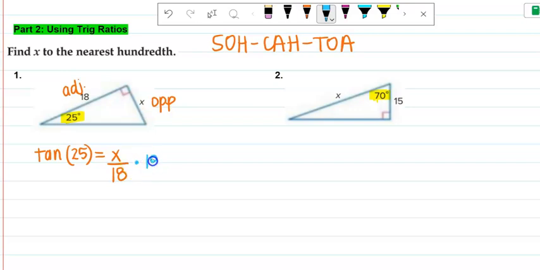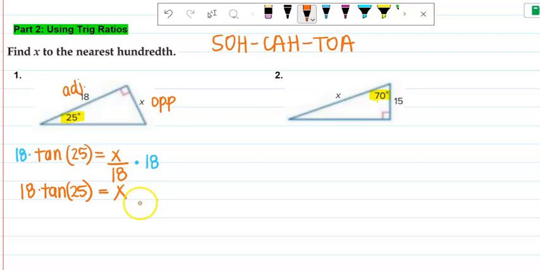So we're going to multiply both sides by 18. Okay, on the right hand side, the 18s would cancel. On the left hand side, this 18 does not get to go inside of the tangent. It's going to stay as just 18 times the tangent of 25. Okay, nothing else we can do there.